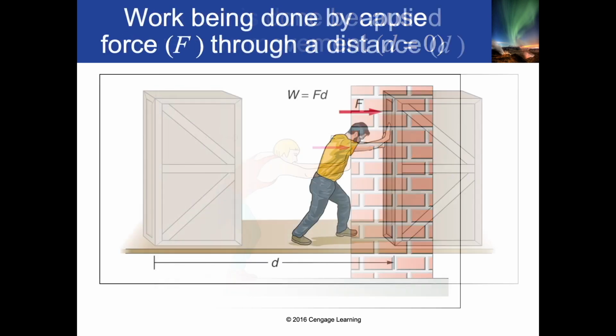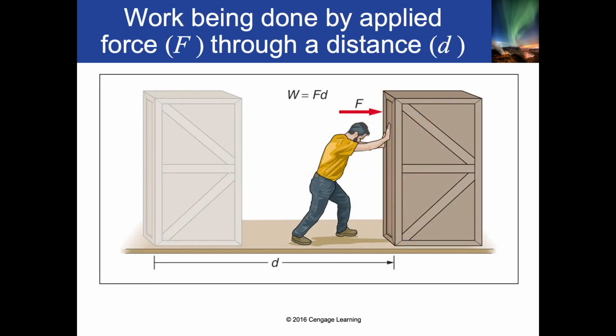All right, so contrast that with this. This guy here, originally he had the box over here, the initial distance or position right here, and he was able to push it all the way over here.